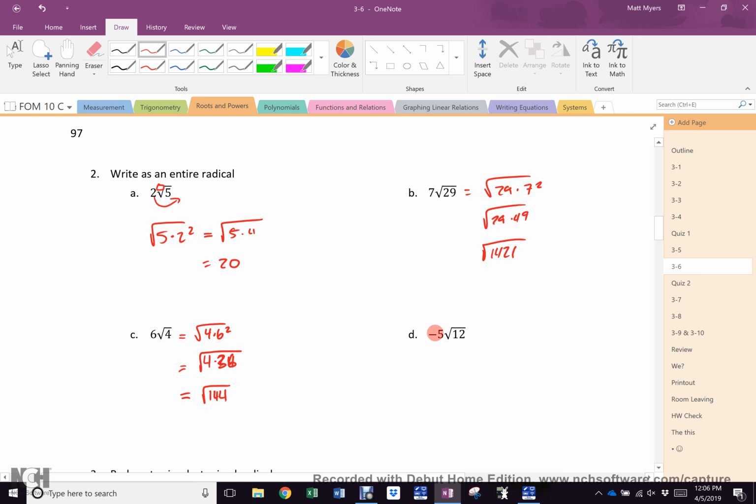Now, this one's tricky. Why? It's negative. Now, we know that square roots are very closely related to exponents, yes? And we know that this and this are 2 different things, aren't they? Is it A or B, do you think, that applies here?